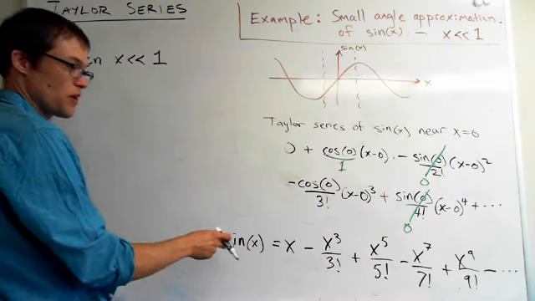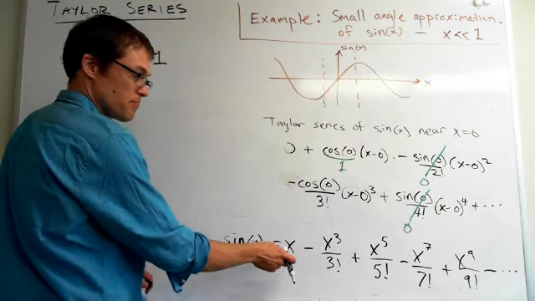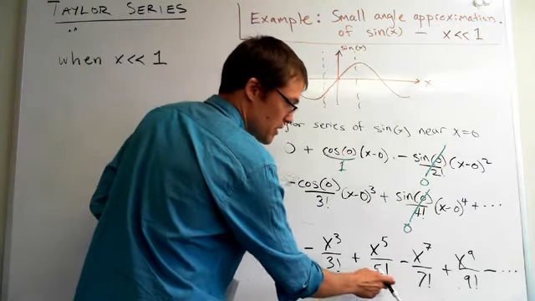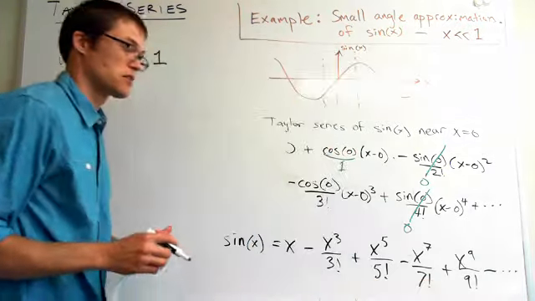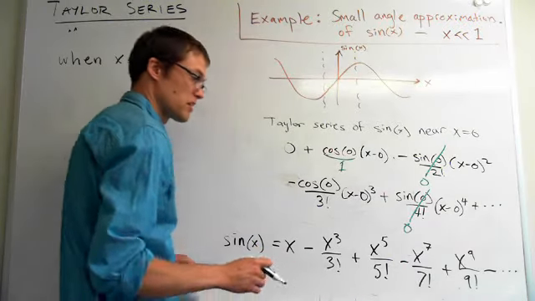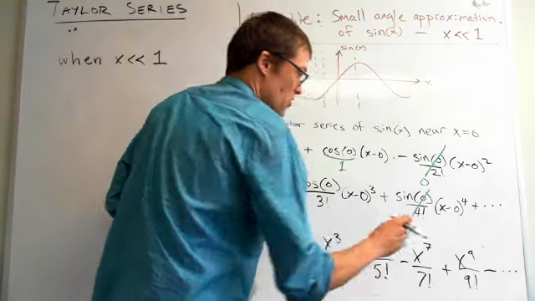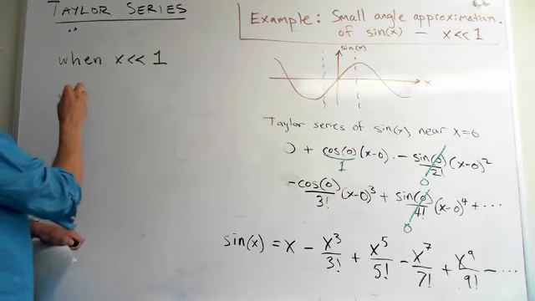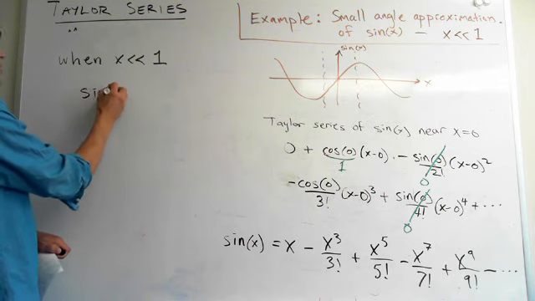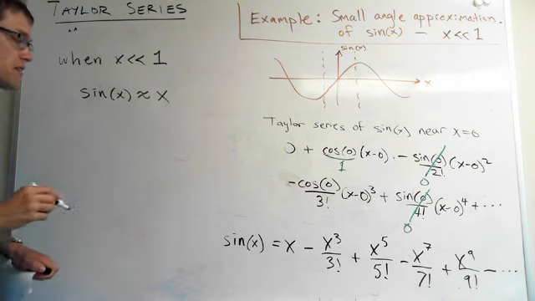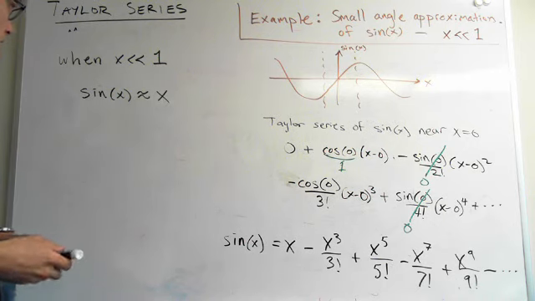If x is much less than 1, then x cubed is tiny. X to the 5th is even tinier. And not to mention they're being divided by larger and larger factorials. So these terms, as you go from this one to that one to that one, are getting smaller and smaller. So when we're in this regime of small x, sine x is pretty well approximated by x.